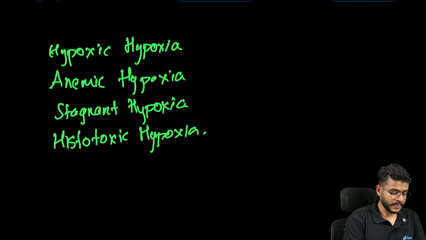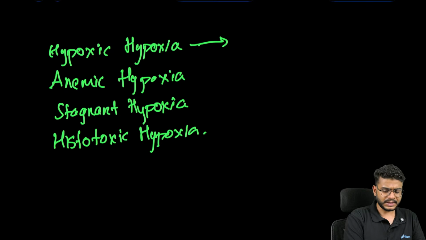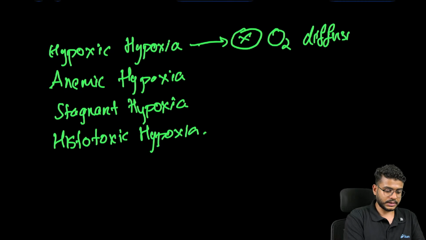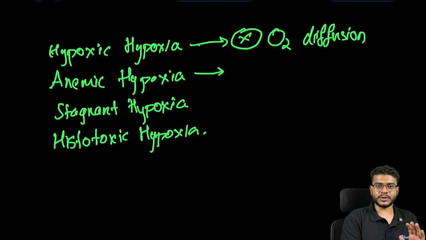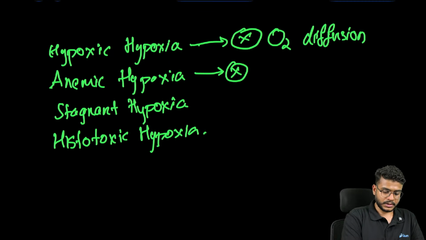The difference is, in hypoxic hypoxia there is a problem with what? The oxygen diffusion. Okay, the oxygen is not able to get diffused into the blood. In the second type, anemic hypoxia, there is no problem with the oxygen diffusion, but the problem is with the oxygen saturation or with the hemoglobin. Okay, binding to hemoglobin.